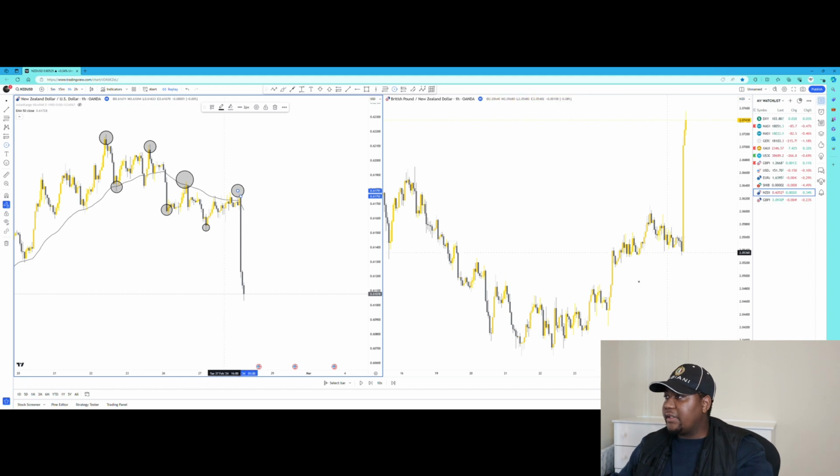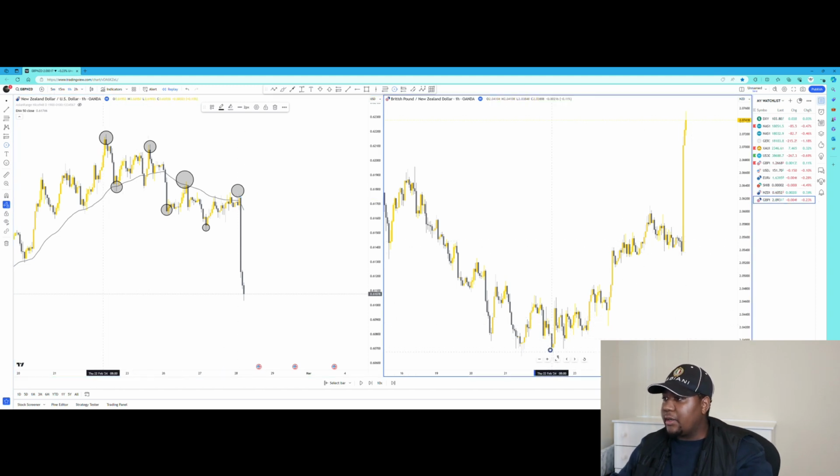We can also see the very same thing here: the market was in a bullish trend, higher highs, higher lows, and when the news came in, it just created a higher low and it rallied all the way up.